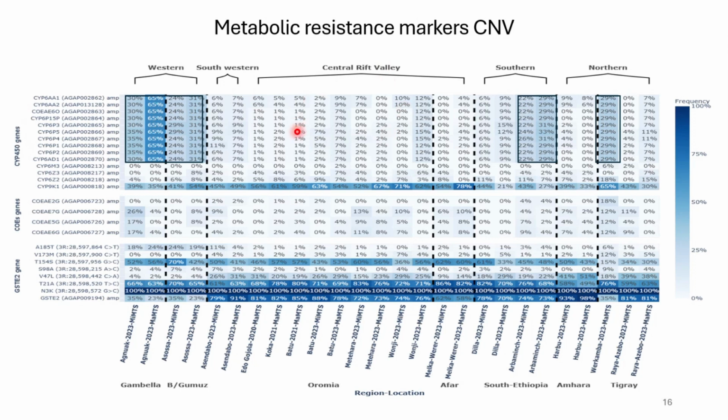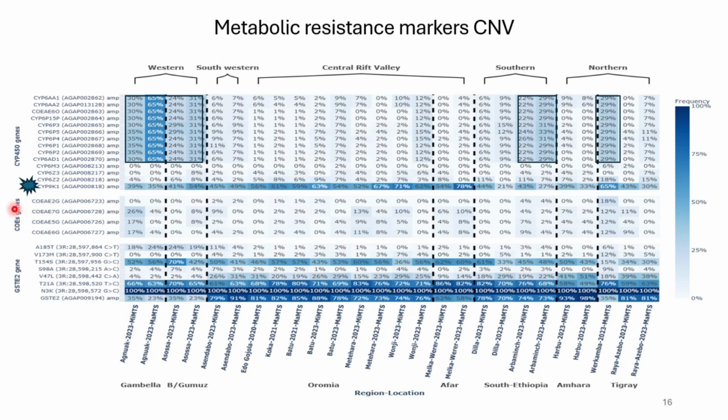In addition, we also found CYP9K1 copy number variation was consistently higher across all cohorts, but the frequencies were much higher in the central Rift Valley than the western and the southern part of Ethiopia.